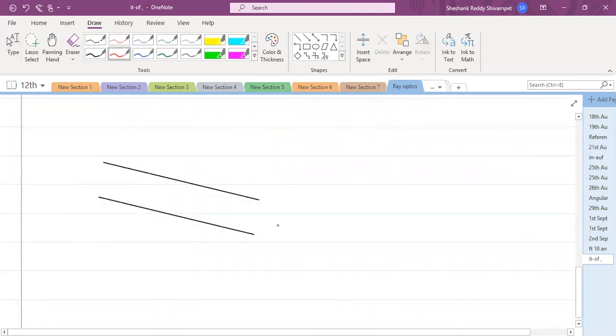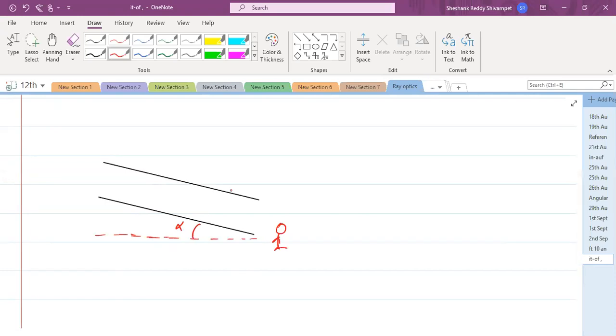Now if there is any observer here, for that observer, the angle subtended at his or her eyes will be this alpha, right? The angle subtended would be alpha even when there was no telescope, no lens, nothing else.